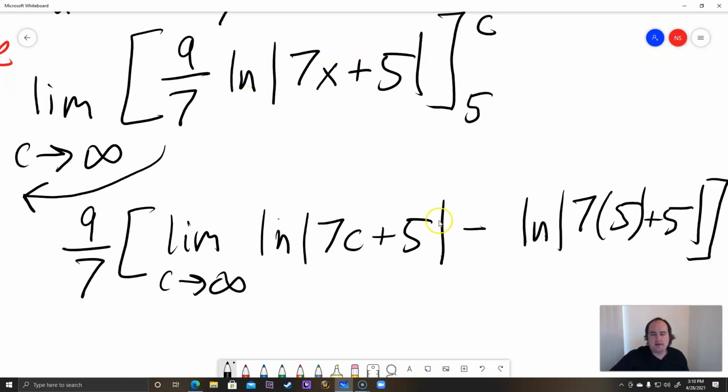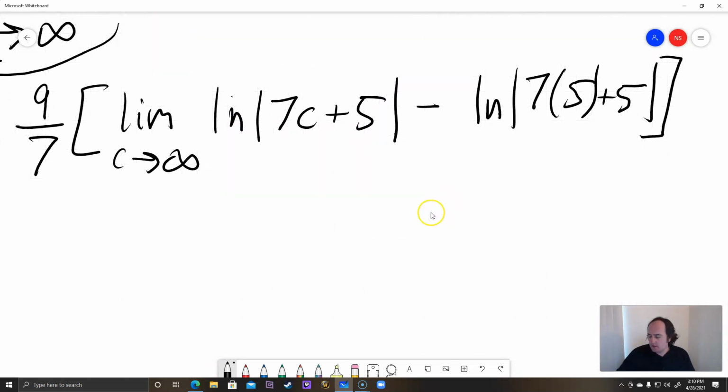All right, so that's plugging in using the fundamental theorem of calculus, part 2. What we got here is we're just plugging in the c first and then the 5 second. The weird thing about this is we don't really care about any of this over here.